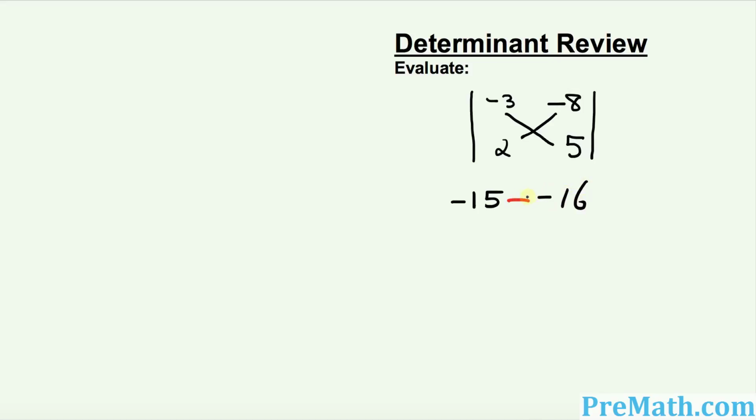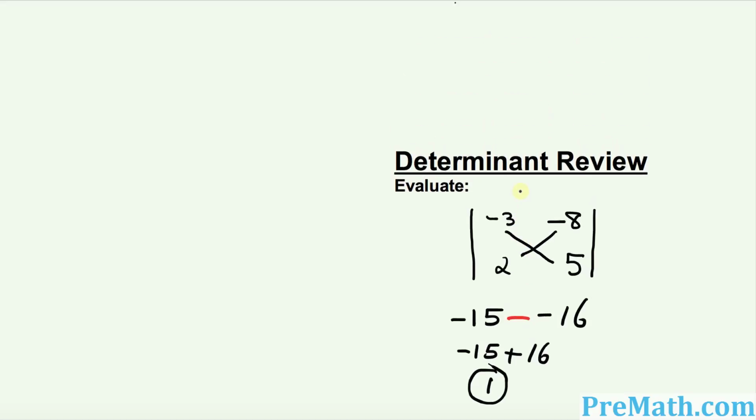Now you can see we have two negative signs next to each other, which become what? Positive. So we got -15 plus 16, and since they are unlike signs, we subtract and keep the sign of the larger number, so it becomes +1. So the value of this determinant turns out to be +1.